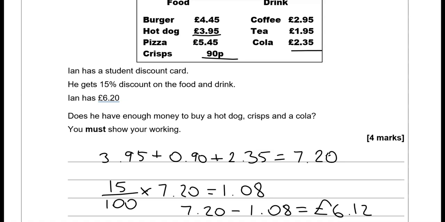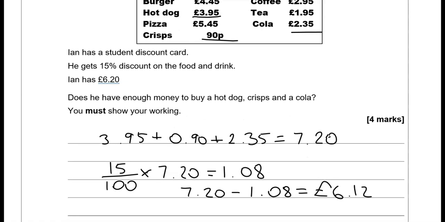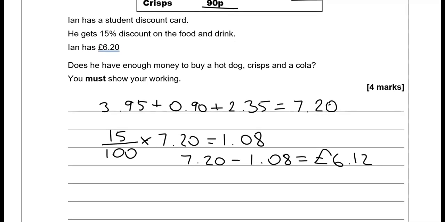So that's the discounted price of all the different items that he wants to buy. The question is, does he have enough money? Yes, because he has £6.20, which is higher than £6.12. So the answer is yes.